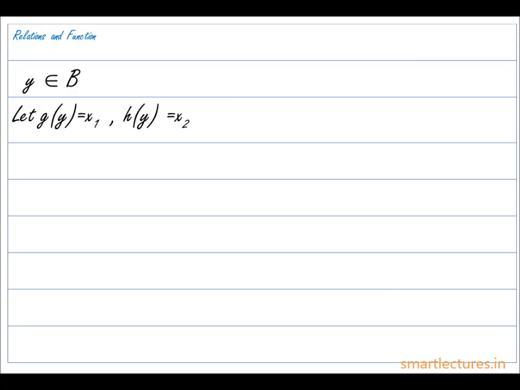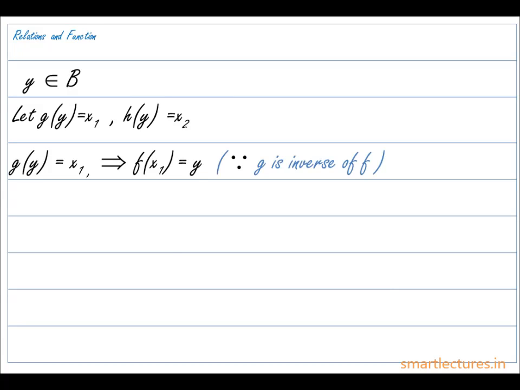Now g of y is equal to x1. Then that also means f of x1 is equal to y, because the function g is the inverse function of the function f.